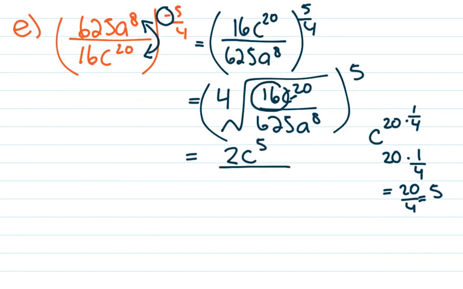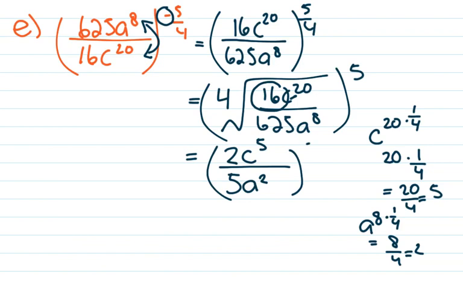The fourth root of 625 is 5. And then I have a to the power of 8 and the fourth root of that. So that's a to the power of 8 times 1/4 equals 8 over 4 equals 2. So now I have a squared, and all of that to the power of 5.